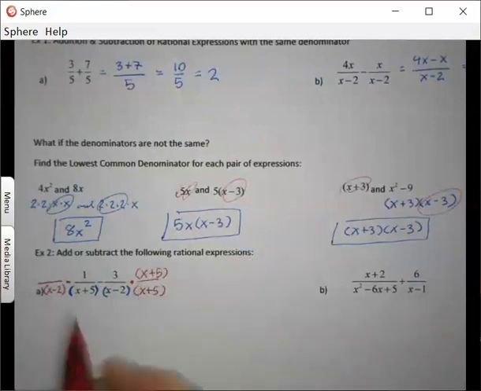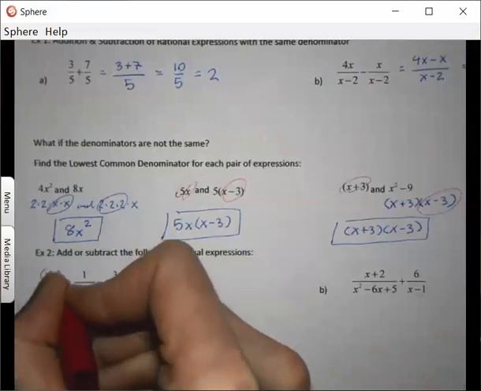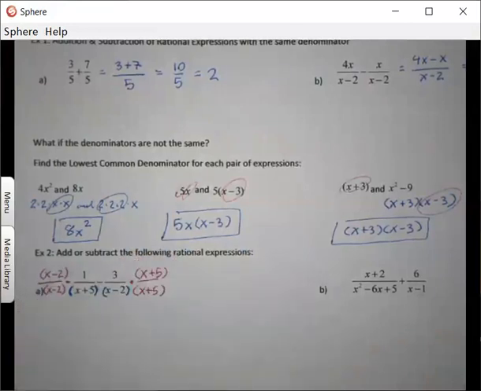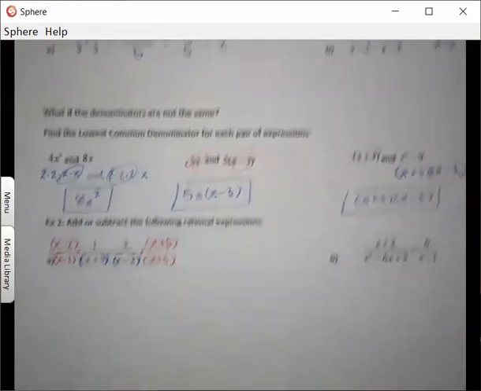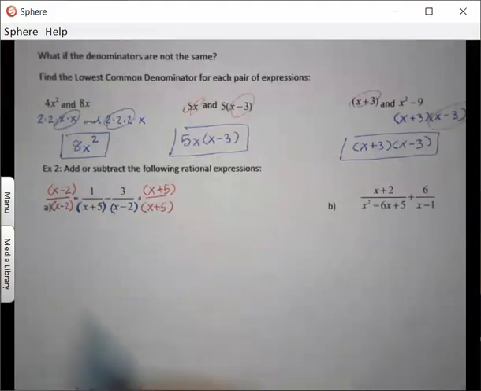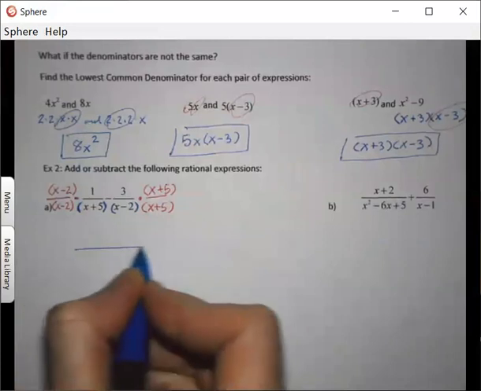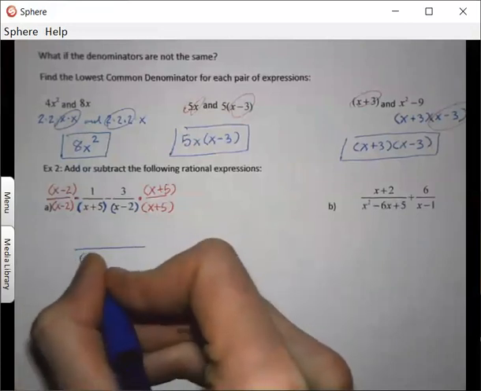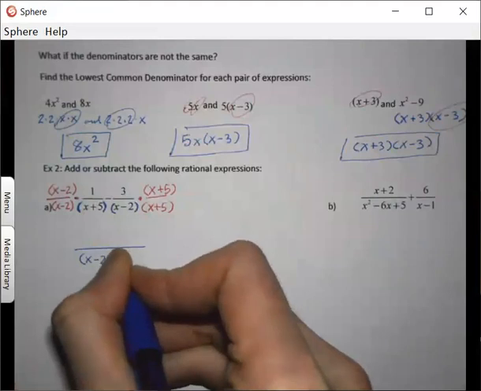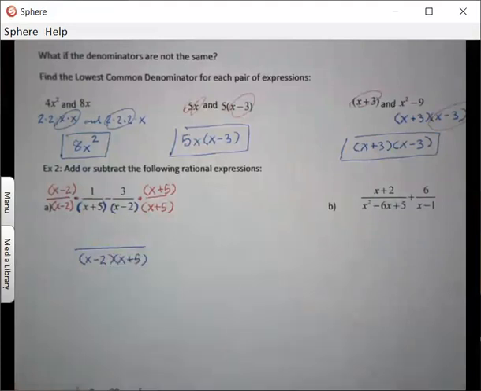Same here, x minus 2 in the bottom, x minus 2 in the top. So we have our common denominator, so we can subtract across the top. Let me put our common denominator first. This is going to be x minus 2, x plus 5. General tip, don't distribute your denominator unless you have to. Most of the time you could just leave it factored.